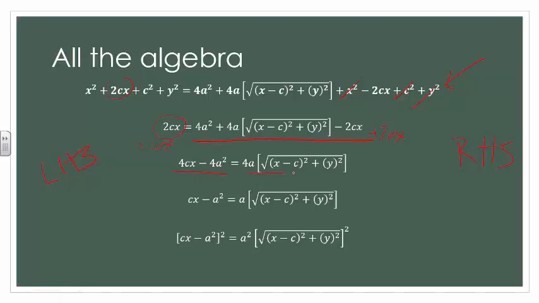That operation left us with 4a times the square root of x minus c squared plus y squared. Dividing both sides by 4, 4cx divided by 4 becomes cx. Negative 4a squared divided by 4 becomes negative a squared. And 4a times this quantity divided by 4 gives us a times that same quantity.